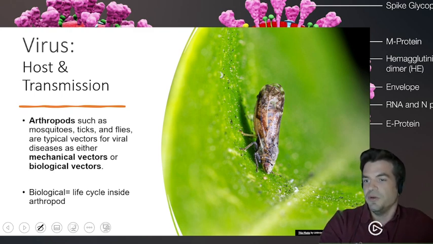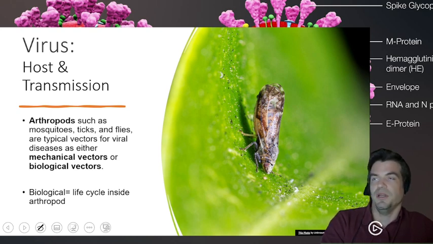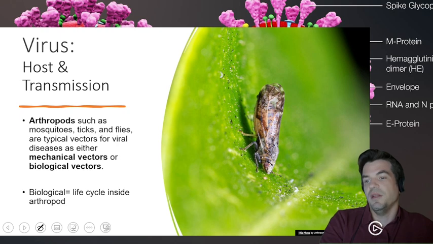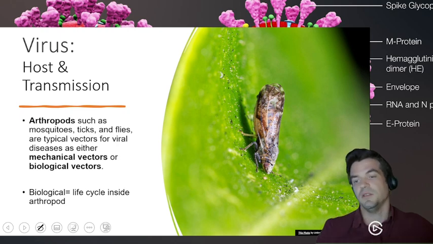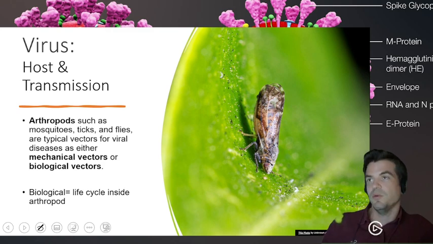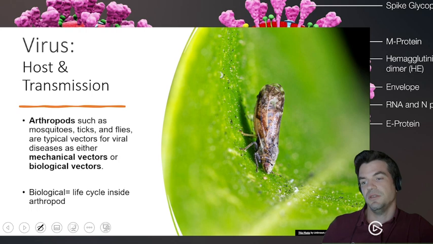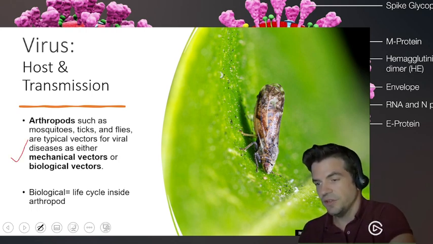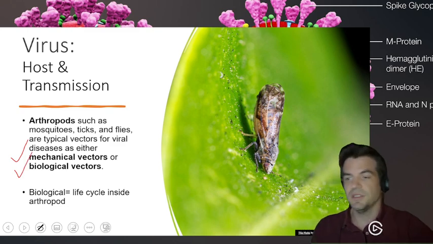Before we end the video, let's just reiterate our arthropods and how they can spread, how they become vectors, how they spread diseases. Okay, they can spread all sorts of diseases: bacteria, protists, and even our friends the viruses in this lecture. And they can function as either mechanical vectors or biological vectors.